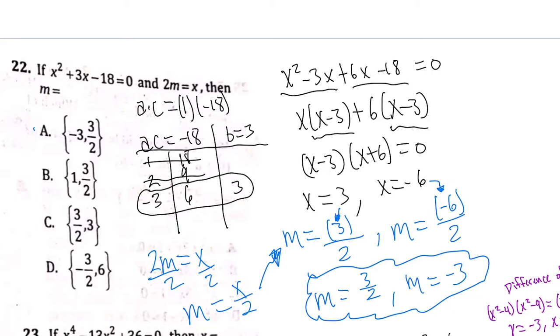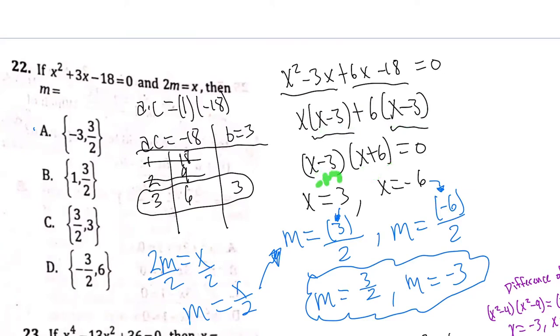In order to find our x values, we had to go through the whole process here. We factored out x, and then we factored out 6, and then we have the same matches: x minus 3, x plus 6.